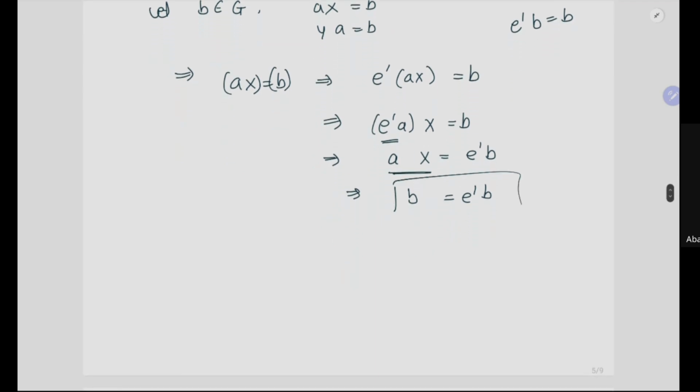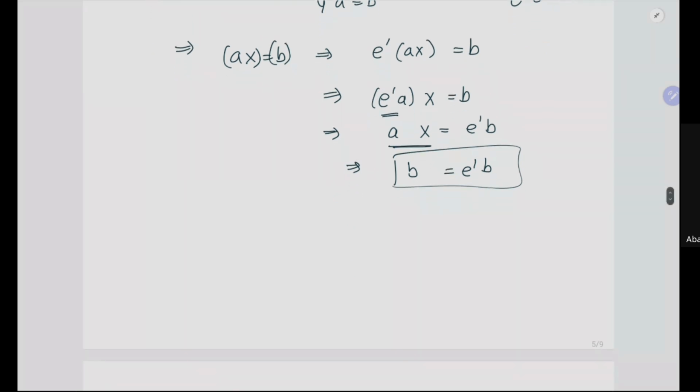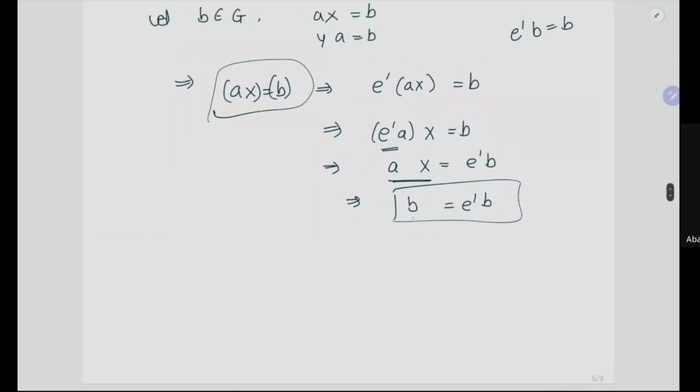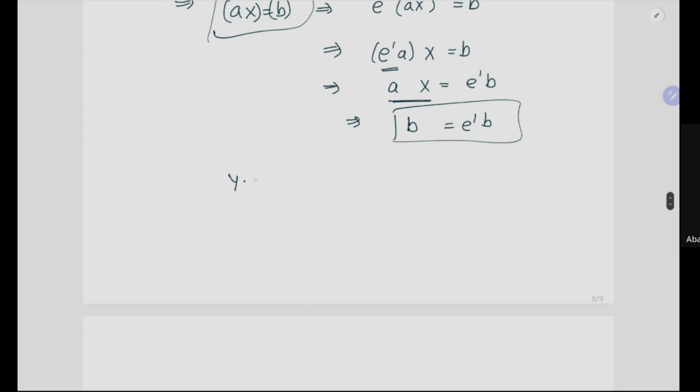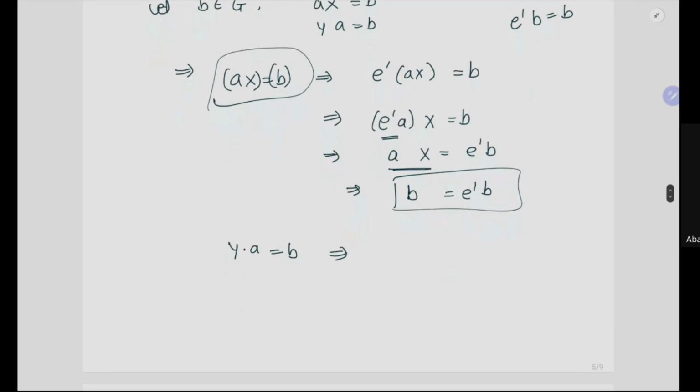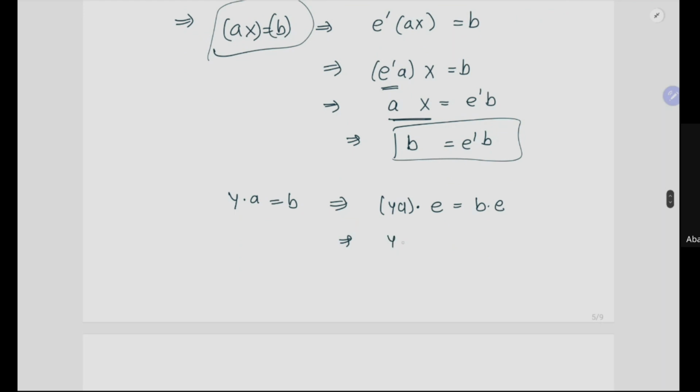Okay. So for now, keep this. From AX is equal to B, what I got? B is equal to E dash B. And now let us start with YA is equal to B. This will imply what? YA dot E is equal to B dot E. And again using the same Y, AE is equal to BE. Then AE is again A, and this is BE.